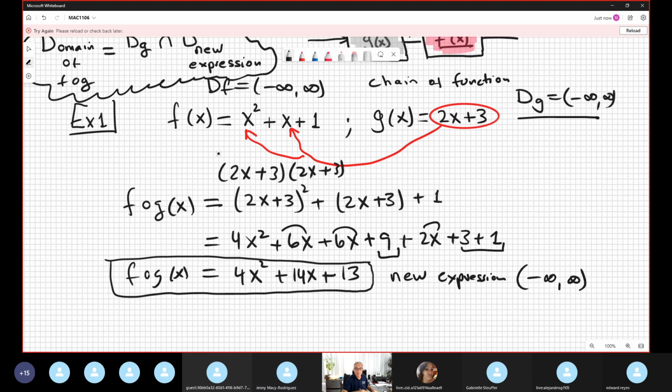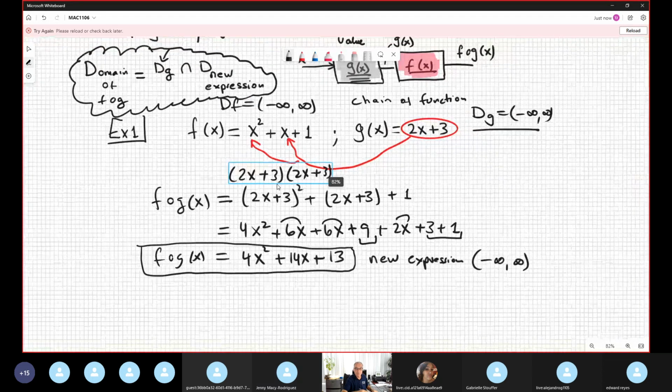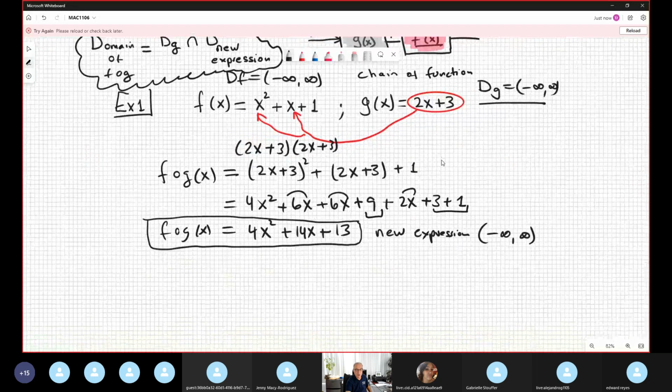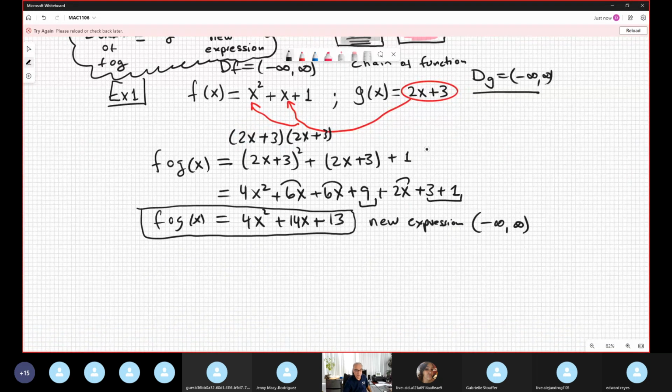Yes. But let's do it in a different order because I want to illustrate one new thing. Suppose I want G composition F. In this case, F is the first function, and you take F, here in blue color, and substitute it for the x in the second operation.